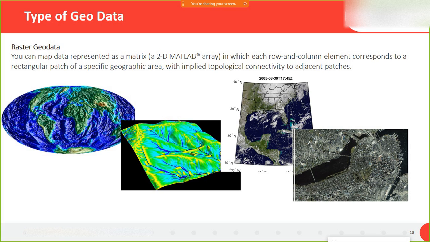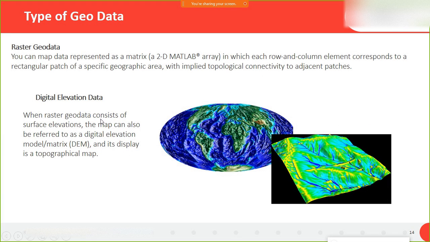Projected means it will be in the form of lat long. Unprojected means it will be in the form of distance. So these are topographic data, and these are the images. So two types of raster data are there. The first you see is called digital elevation data. You can see in this image there are elevations in both figures, up and down like this, right? So it is also called a topographical map. So this is raster data.